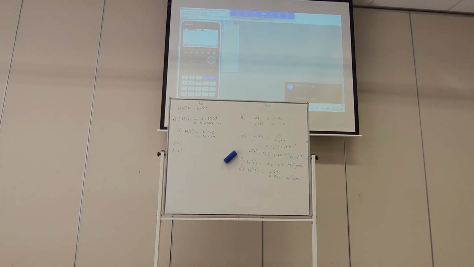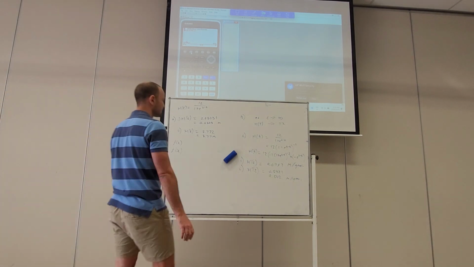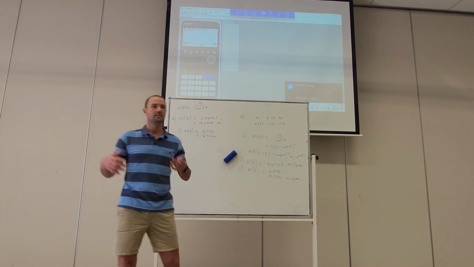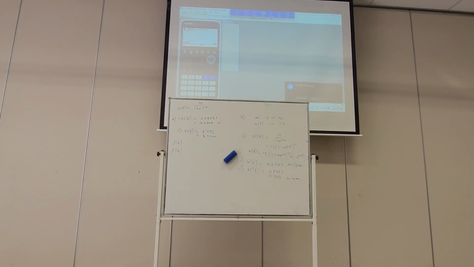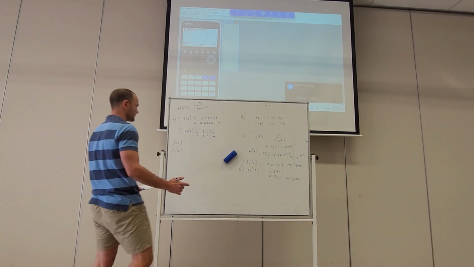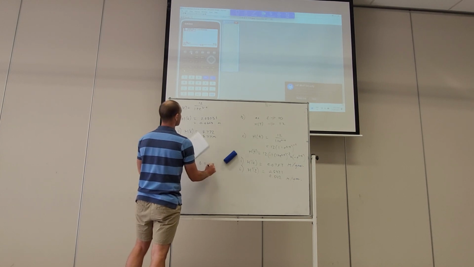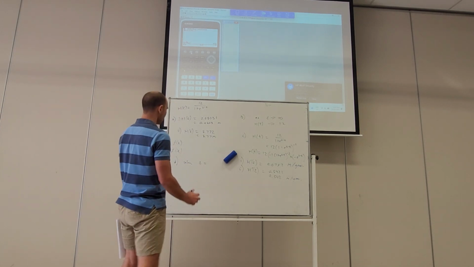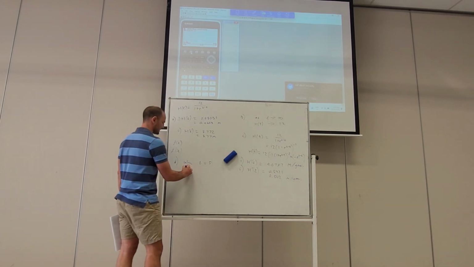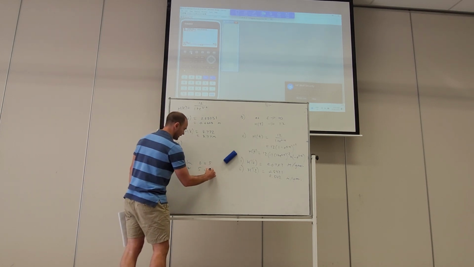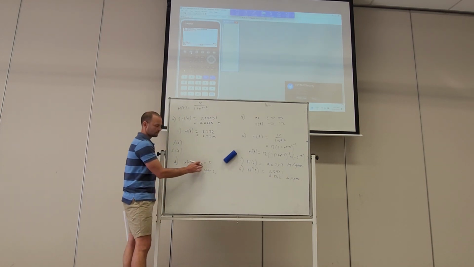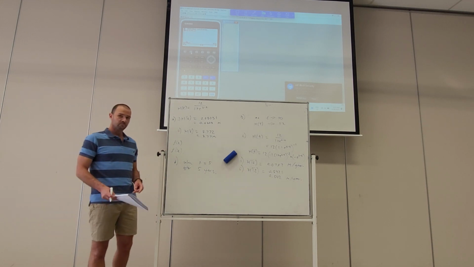We're interested in the max, aren't we? We want to know, when is the rate maximized? When is the tree growing at the fastest rate? Our answer to part D is when t equals, and what's our x value? 5. So after 5 years. We'll accept both of these: when t equals 5 or after 5 years.